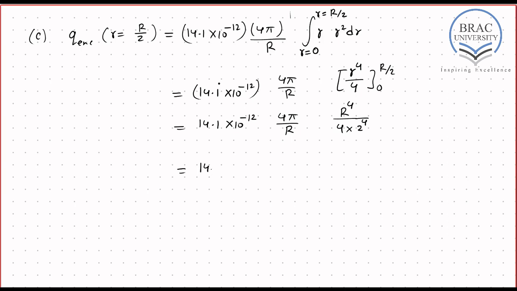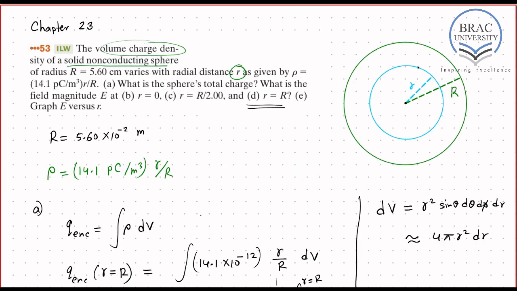So 14.1 times 10 to the power minus 12 pi R cubed divided by 16.